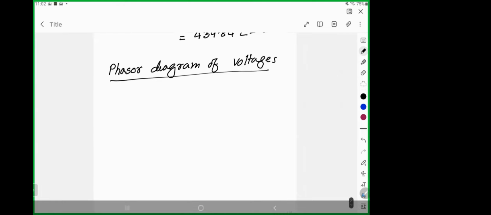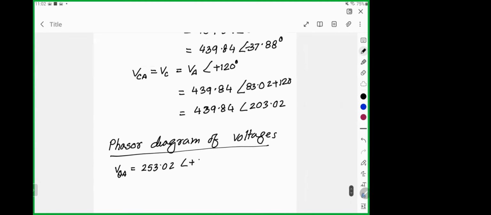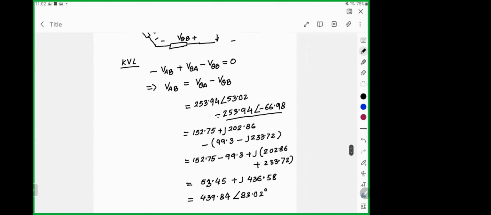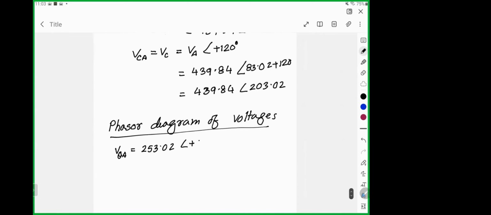We have found V theta. So we need to just represent V theta A. We have found it equal to 253.94, making an angle of plus 53.02, right?